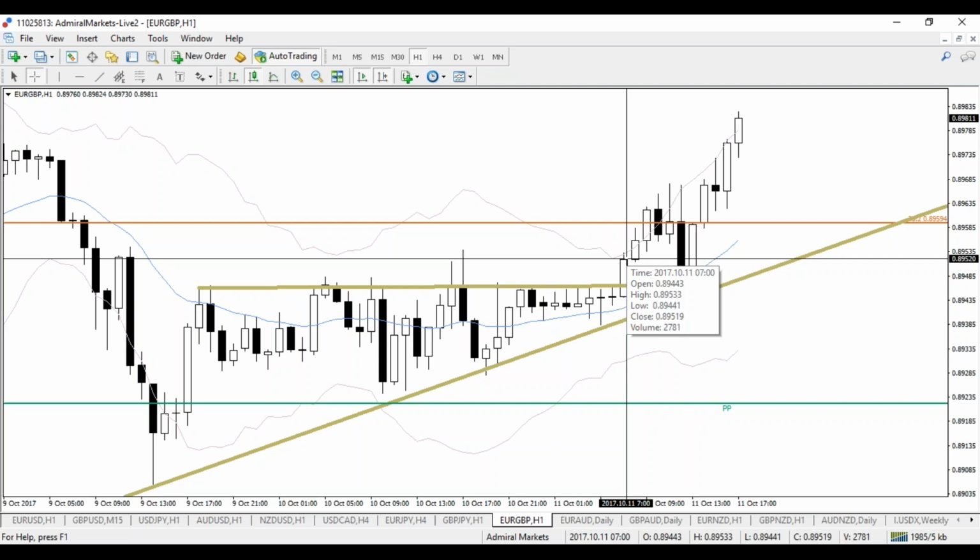Well, this is the euro pound, so you can't be surprised by that. It has less volatility. So that's just not so strange for the euro pound. The wick is 1.4 pips. So we're looking at something.